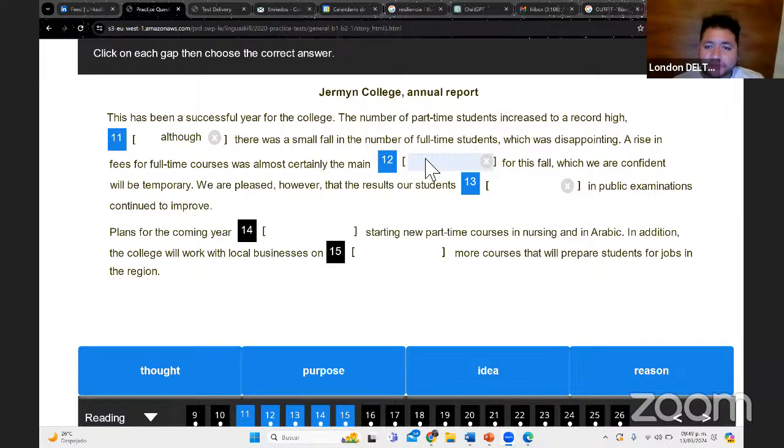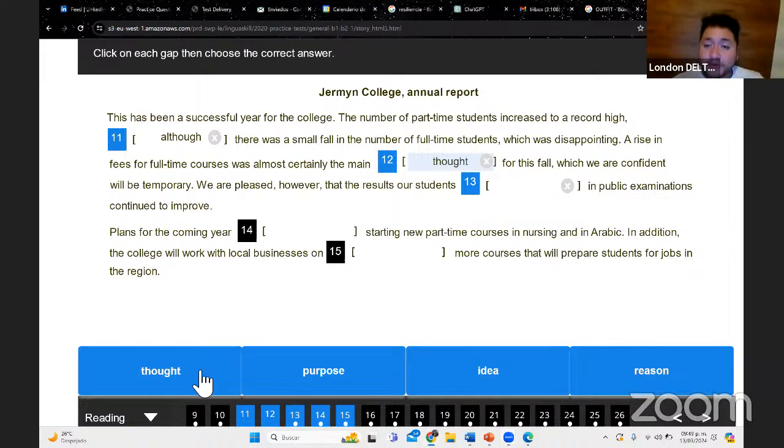So here we have a comprehension question, una pregunta de comprensión. So it says, the main for this fall, we have before and after the gap. So what can we say? The main thought for this fall, which would be el principal pensamiento de esta caída.